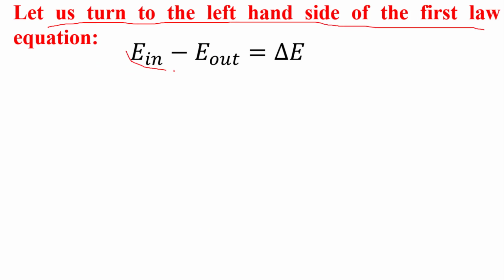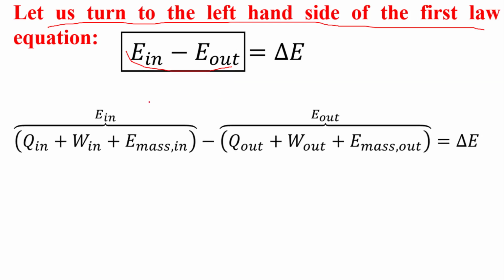So this is the left hand side: energy in minus energy out. Energy in could be in the form of Q, work in, or energy from mass in. And energy out could be in the shape of Q, work, or energy from mass out. Since we are talking about a closed system, these two mass terms go to 0.